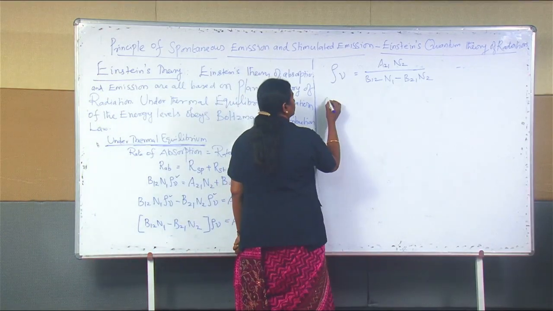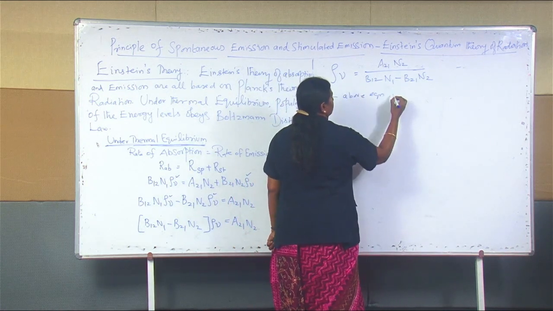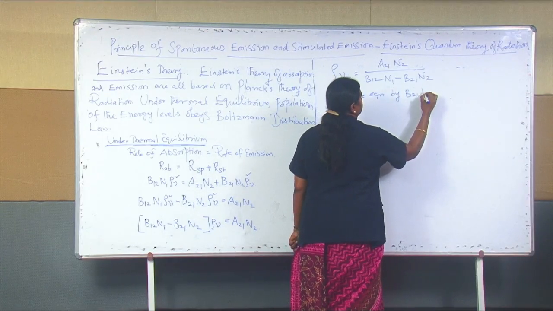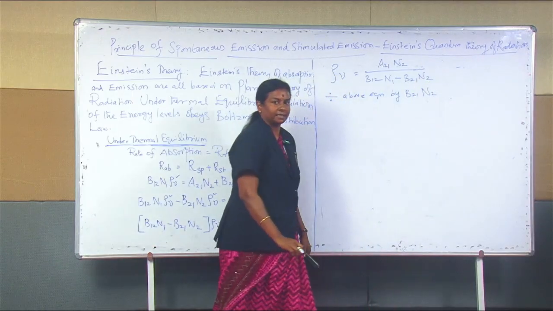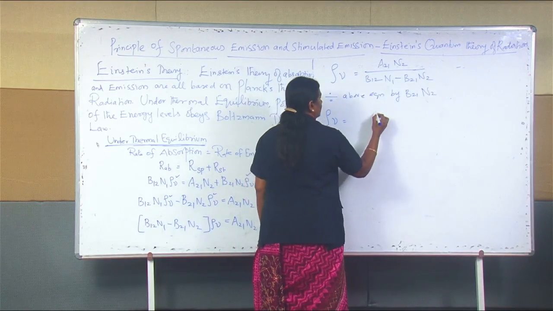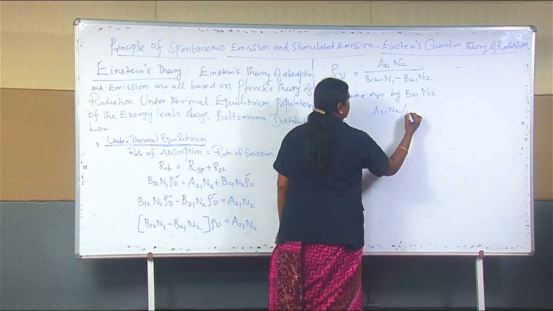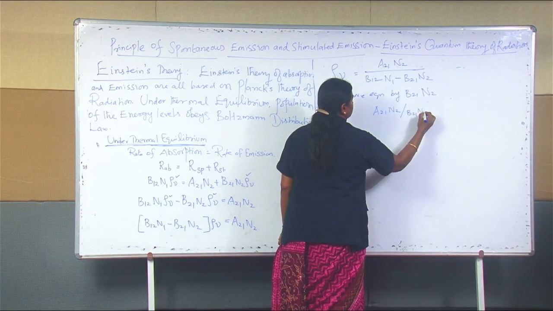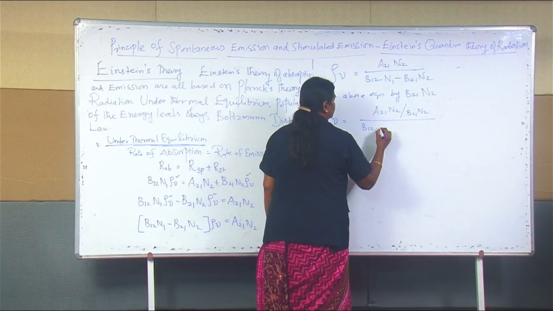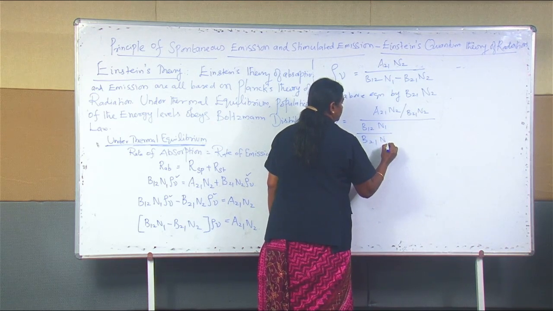Now, I am going to divide the above equation by B21 into N2, that is nothing but our second term. If I do that, the next equation will be A21 N2 by B21 into N2, and the first term will become B12 into N1 by B21 into N2.